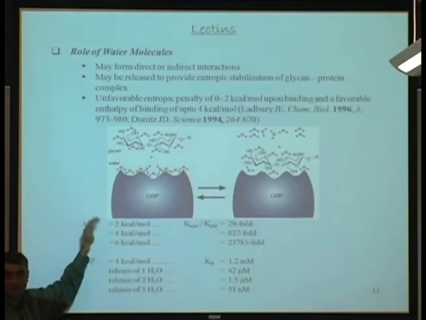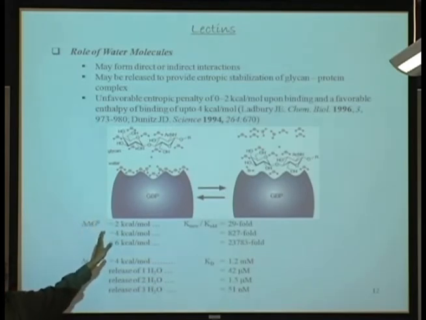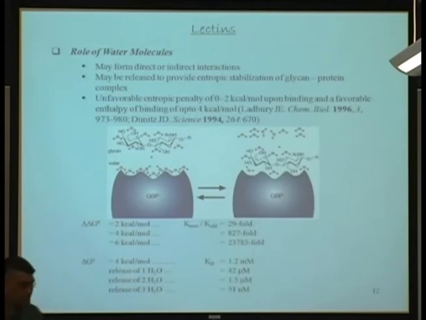Delta G0 is equal to, you all know this, come on, minus RT ln K.